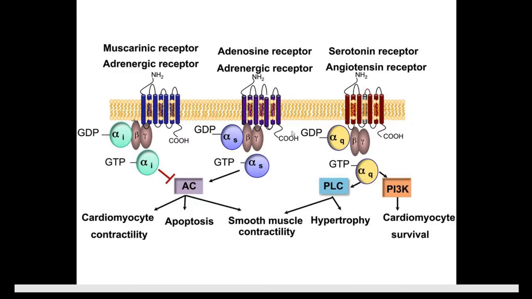The adenosine receptor and adrenergic receptor pass signals by the same process. Then the serotonin receptor and angiotensin receptors are responsible for smooth muscle contraction, hypertrophy and cardiomyocyte survival.